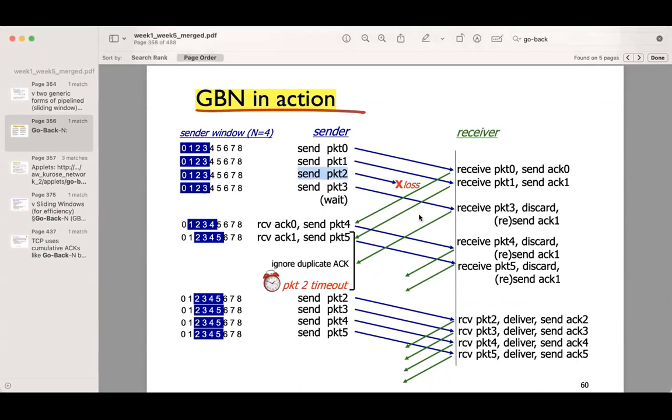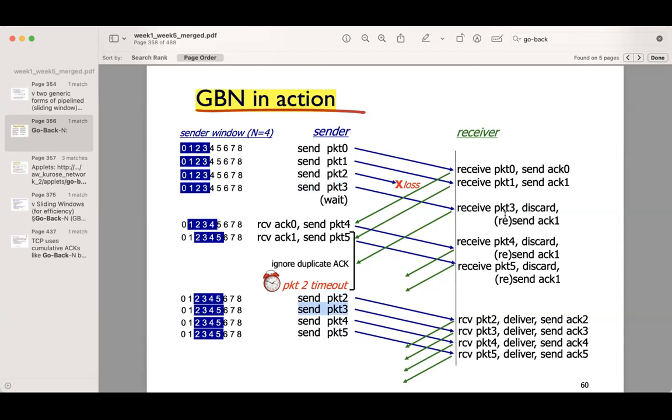So what if packet 3 already arrived and was acknowledged, but we didn't have the packet 2 acknowledgement? Then we will resend all the packets, including the lost packet. Even if we already got the acknowledgement for packet 3, it will still be resent, right?